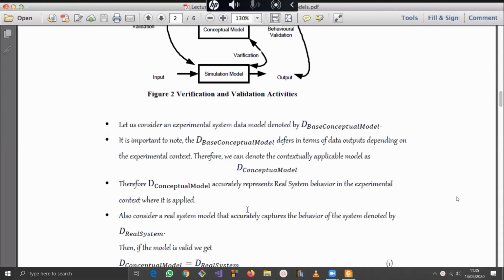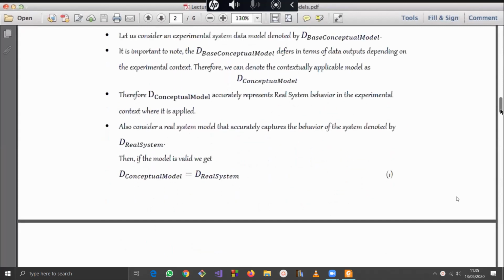And we said that essentially one will want the conceptual model to give the same outcome like a real system. That's why we say the conceptual model equals the real system, meaning that this is ideally what somebody expects, that a conceptual model is representing a real system.